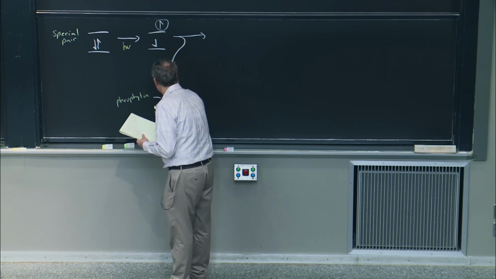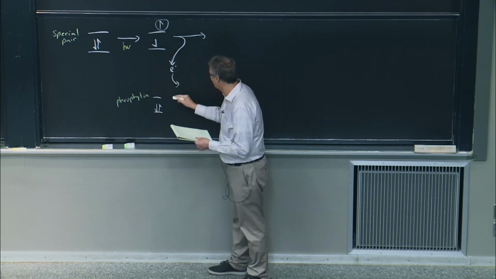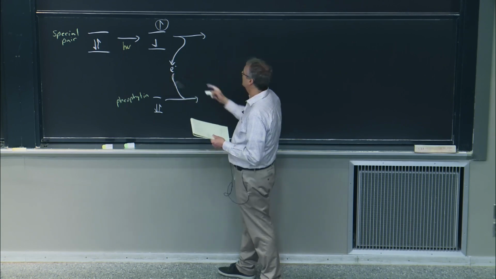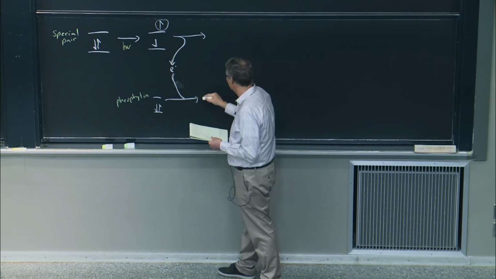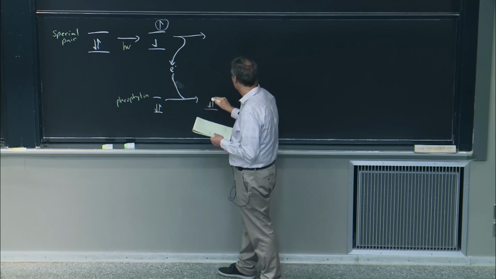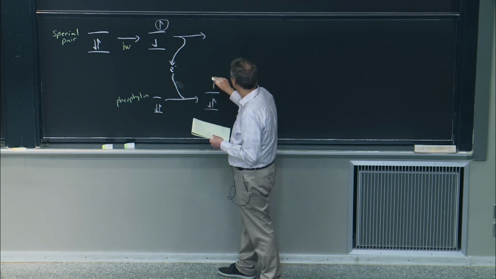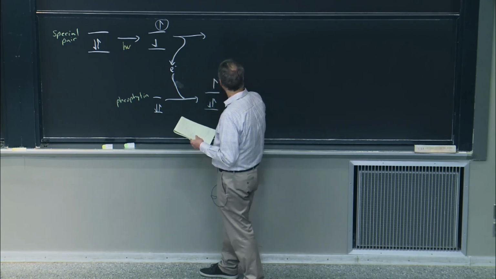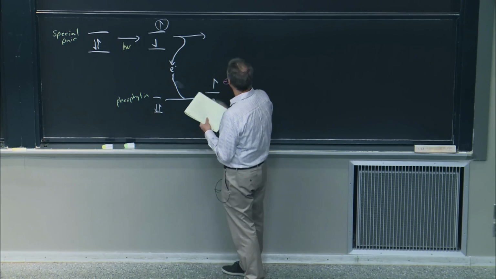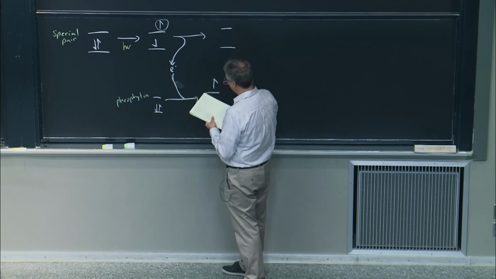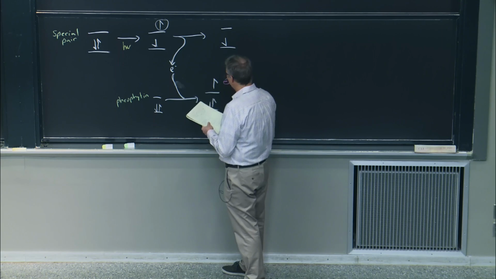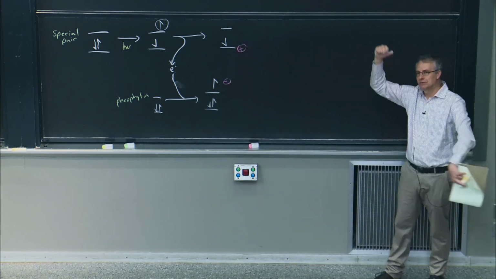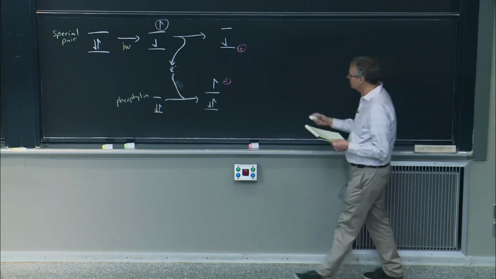So here's some orbital in the pheophytin. It picks up this electron that's transferred away from the special pair. Well, now what you have is a negative charge here and a positive charge up on the special pair. So you've created this charge separation.